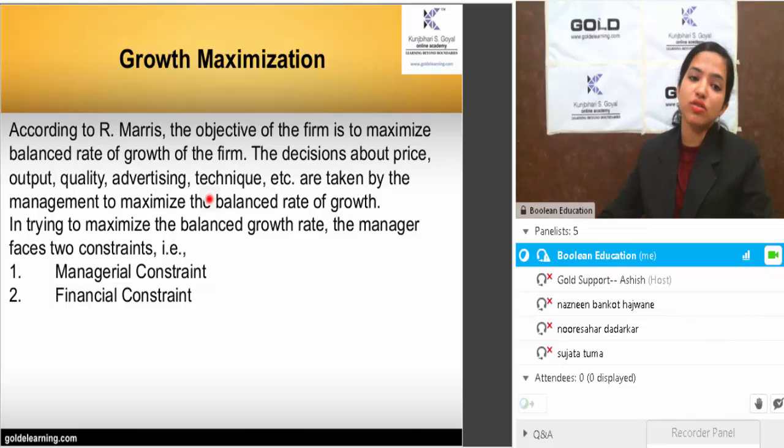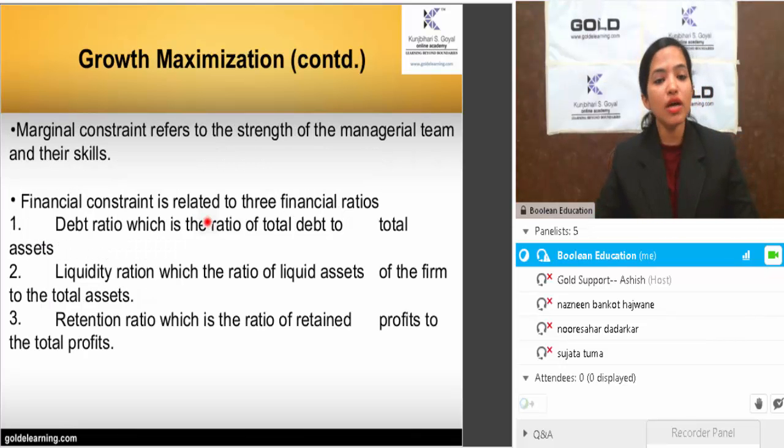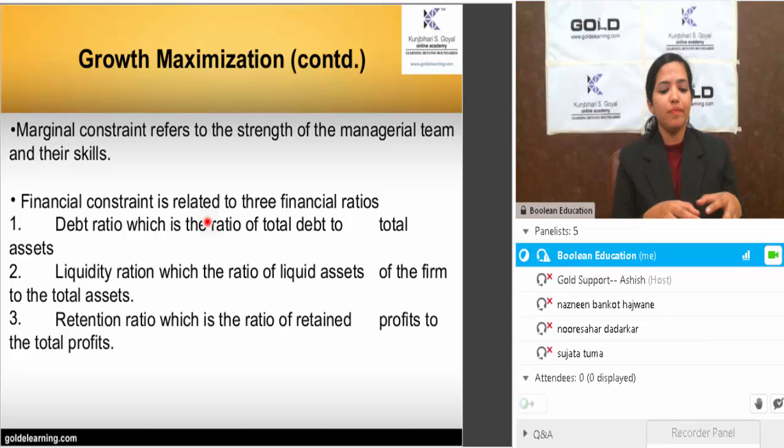What two constraints do managers face? One is the managerial constraint and the second one is the financial constraint. Managerial constraint refers to the strength of the managerial team and their skills. The better the managerial team, the better the balanced growth of the firm will be. Why do you think people are employing MBAs from IIMs and all?